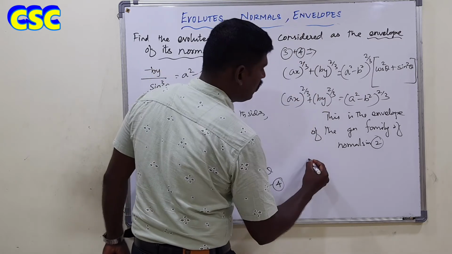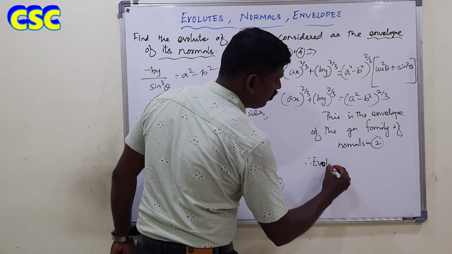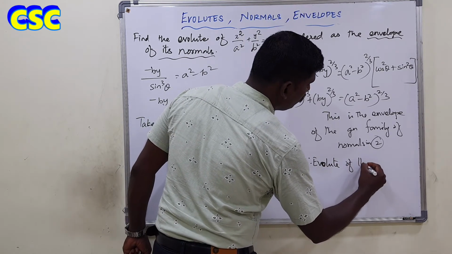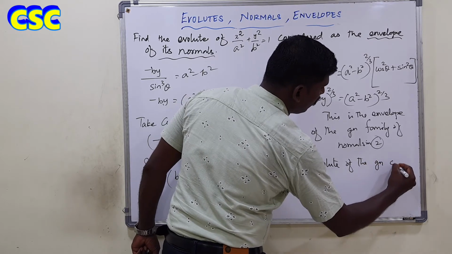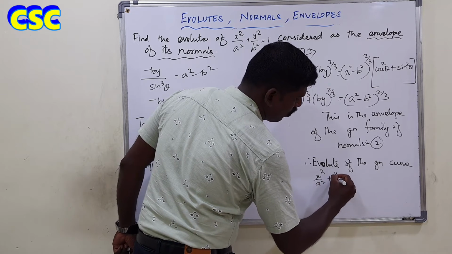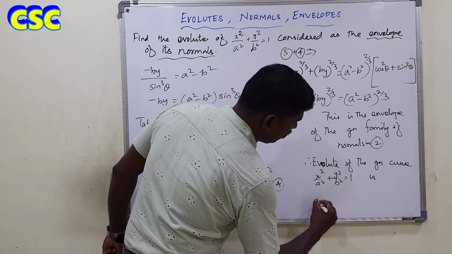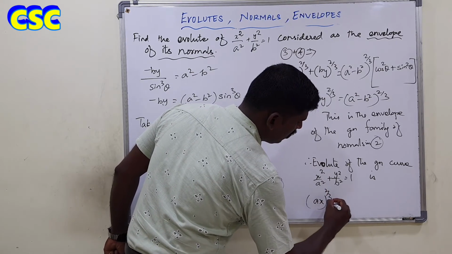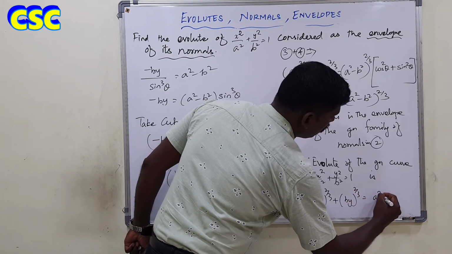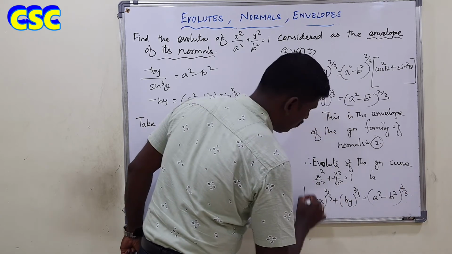That is the evolute. Therefore, the evolute of the given curve x square by a square plus y square by b square equal to 1 is ax power 2 by 3 plus by power 2 by 3 equal to a square minus b square to the power 2 by 3.